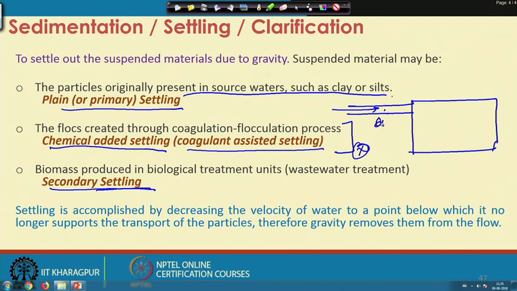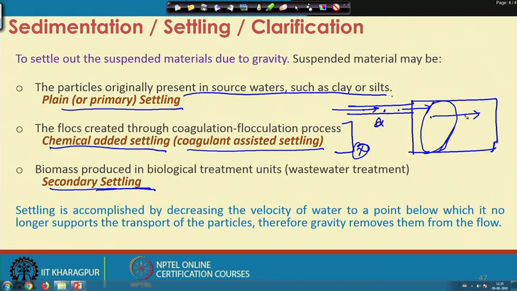So, we get discharge at a significant velocity, and this velocity keeps these particles in suspension. But when this flow is released in a tank like this, the cross sectional area of the tank becomes very high, and as a result the velocity decreases substantially.